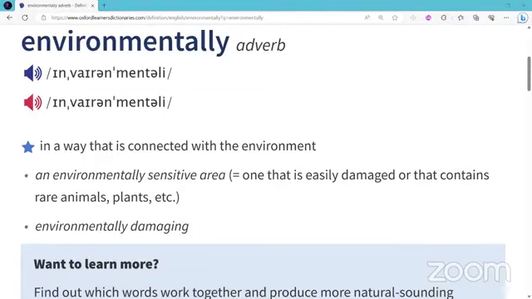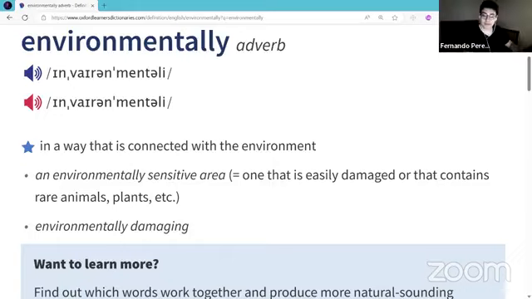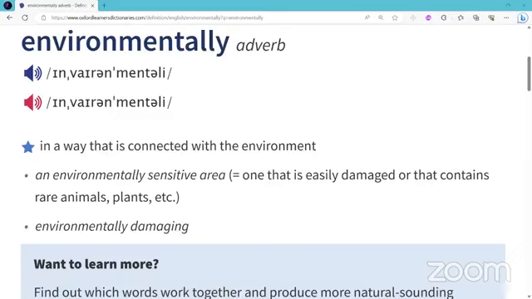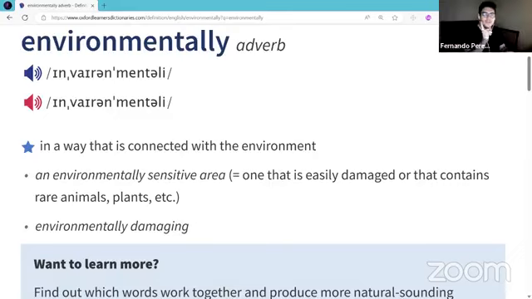Mexico City has environmentally damaging park. Park? Park like the park where you go to run? I think you don't understand the word damaging. The word damaging means that it produces damage.